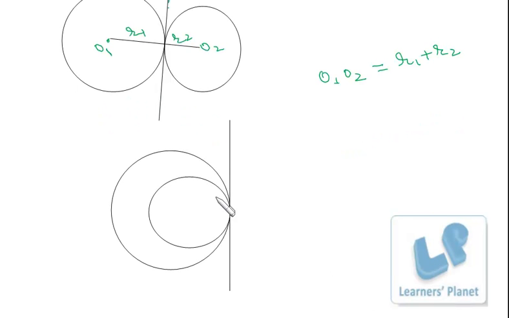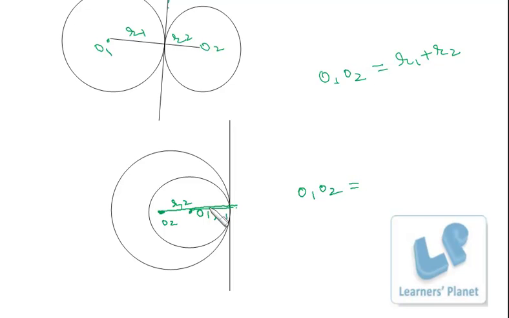Similarly, if two circles touch each other internally, the smaller circle is inside the bigger circle. Now just see carefully. The center of this circle is, suppose, O1, the center of this bigger circle is, suppose, O2. This length is R1 and this complete length is R2, right? So how do we find out the distance between O1 and O2?